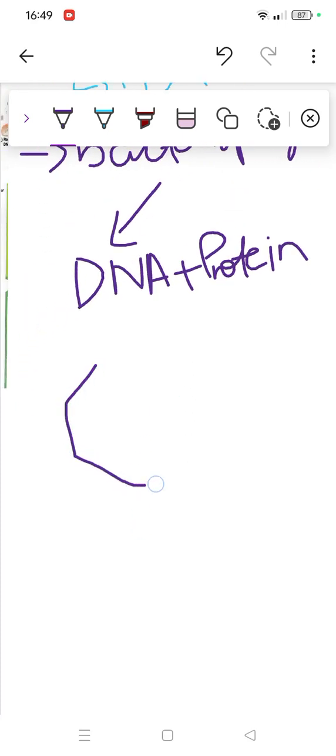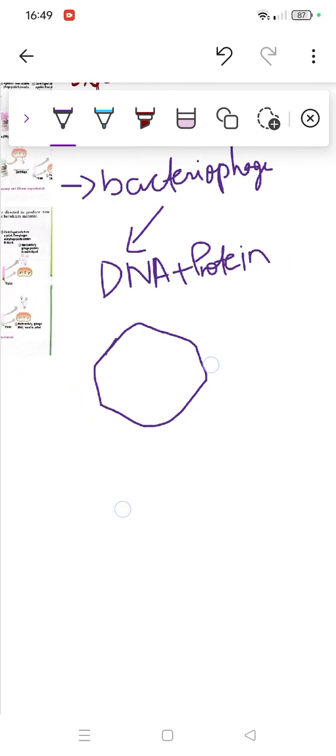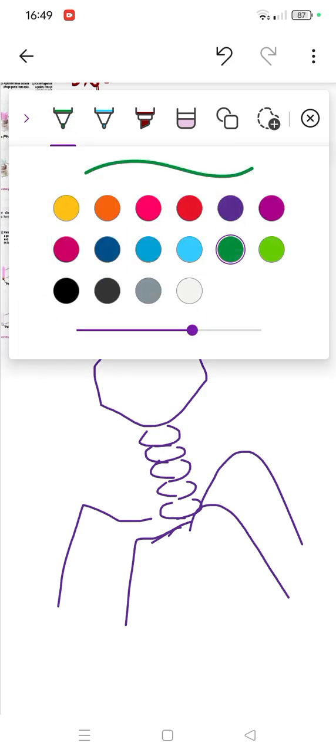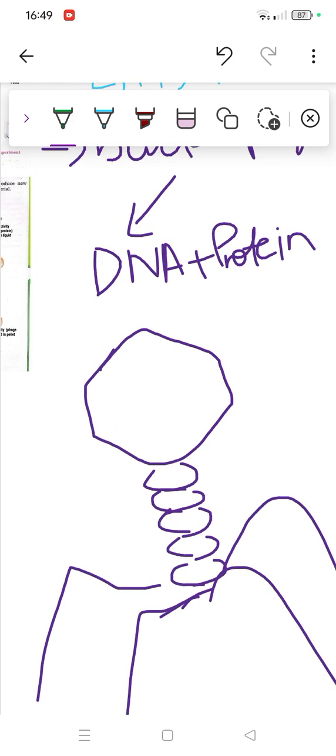So if I just make a structure, this is the structure basically. I hope it will be clear. Then let's label it. First thing, you will see a protein capsid.